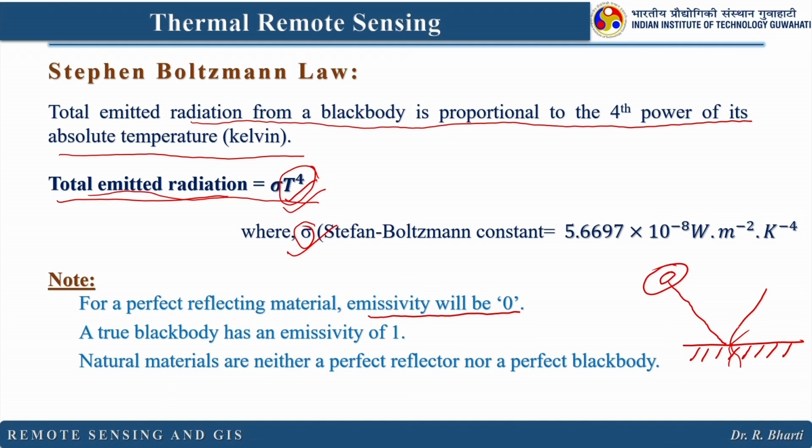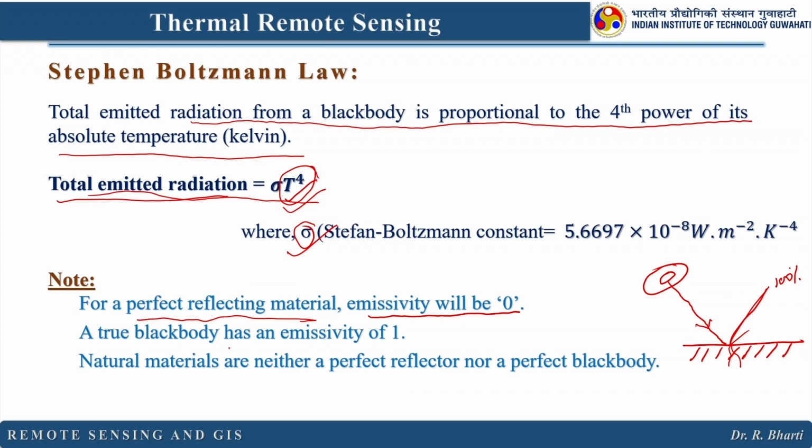So if we assume a perfect reflecting material, that means the total amount of energy falling on this particular surface will get reflected. So this will be 100% reflectance, right. So in that case, all the other parameters will become 0. There is no absorption, so emissivity will be 0. This is very obvious, right.